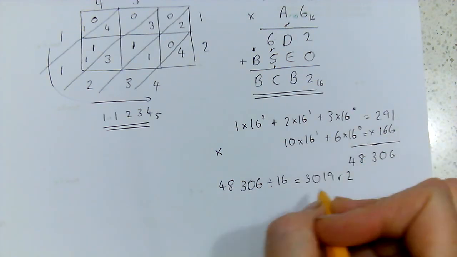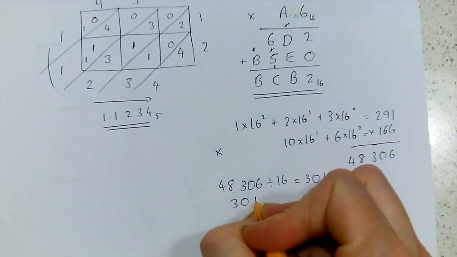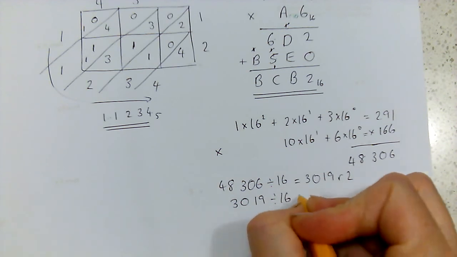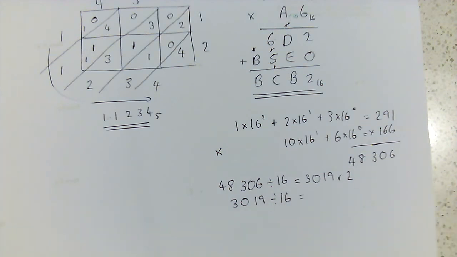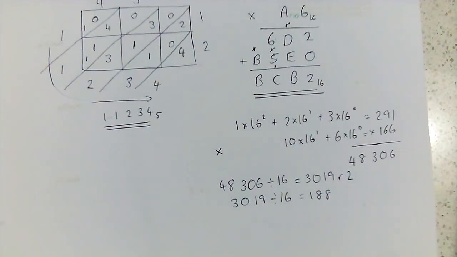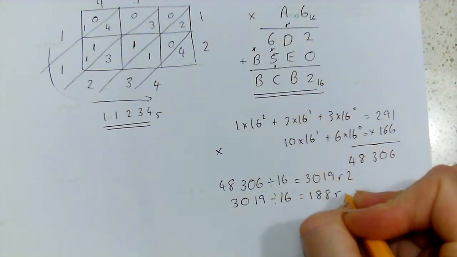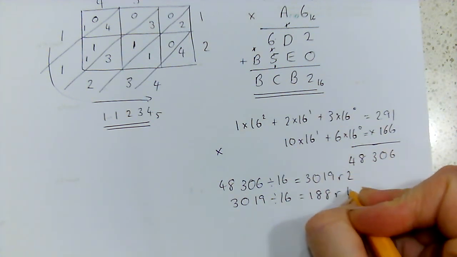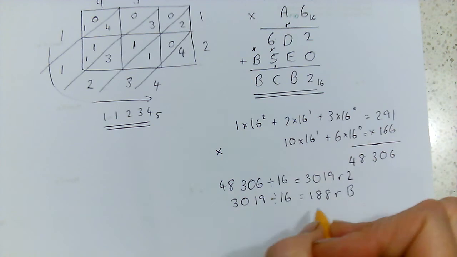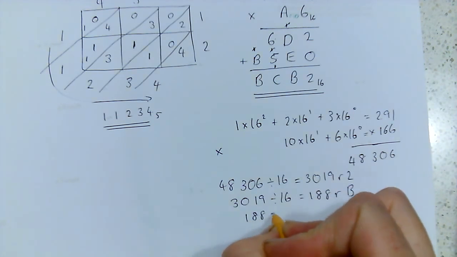Okay, and now we take that quotient. So we've got 3,019 divided by 16. And that gives us 188. Okay, and the remainder for that is 11, which is B. Okay, then we take the quotient 188.